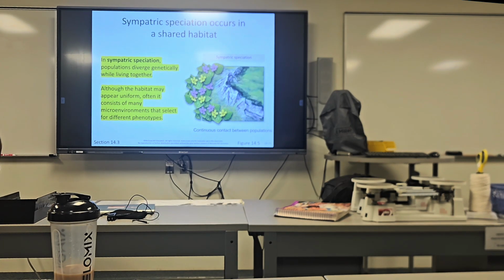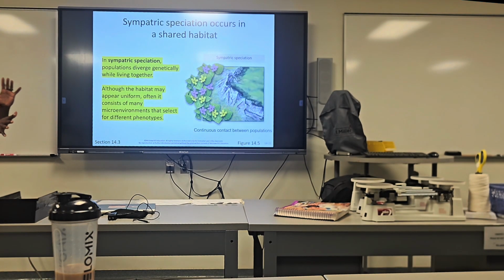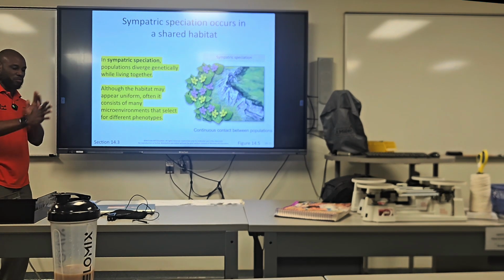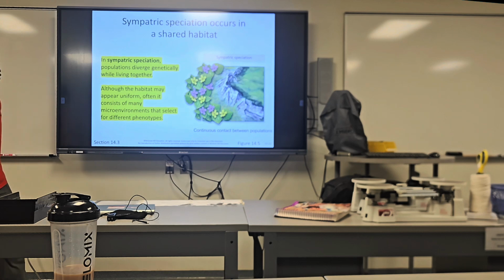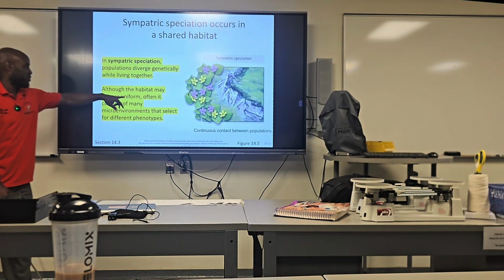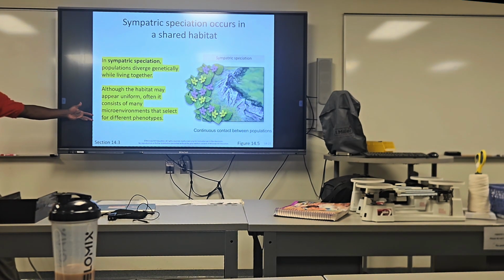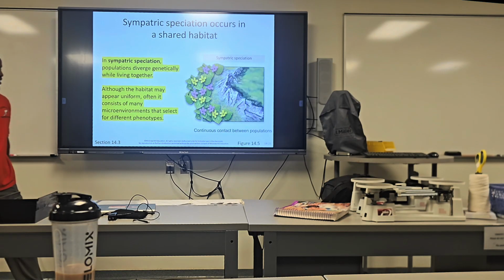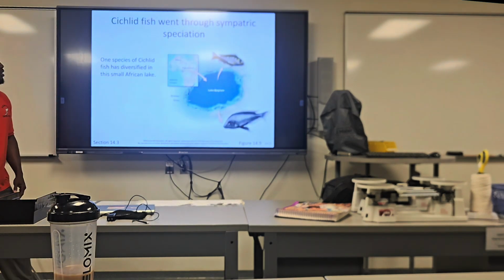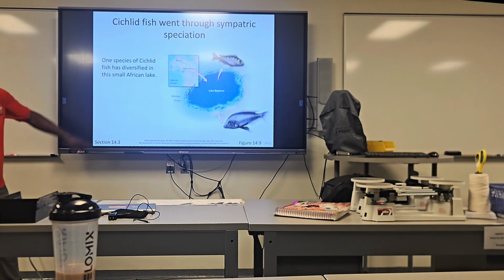Even though we're living together, somehow a mutation happens and we start developing two new populations. Although the habitat may appear uniform, it can consist of many microenvironments that select for different phenotypes, right? And that's happened in certain lakes in Africa that I just talked about before.